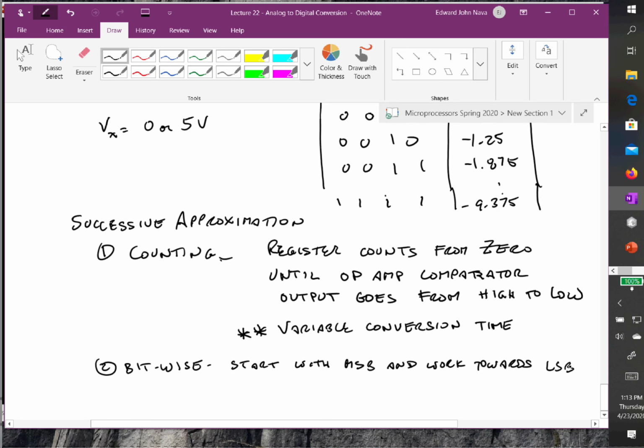And so what we'll do is we'll continually add and remove weights so that our reference voltage is going to be just below the unknown voltage. The good thing about this is a constant conversion time.